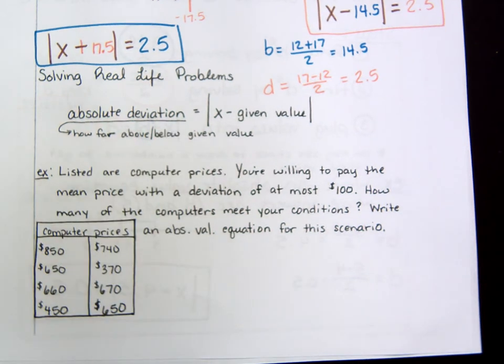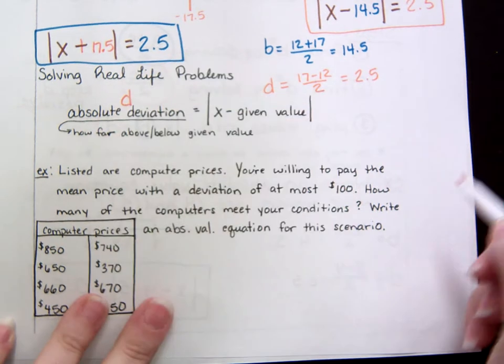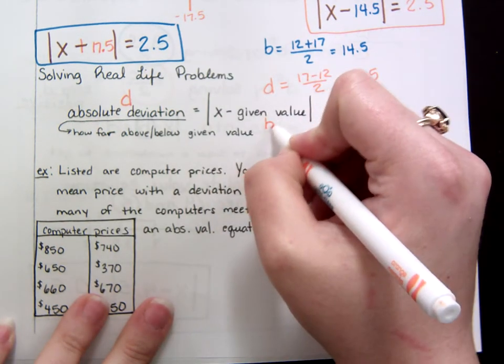So let's say you're trying to get something a certain distance away, like maybe 50 feet, but if you go 5 feet above or below, it's still fine. That 5 feet above or below, that's your deviation. The 50 feet is your given value. If you compare it to what we were just doing, absolute deviation is your D value, your given value is B.